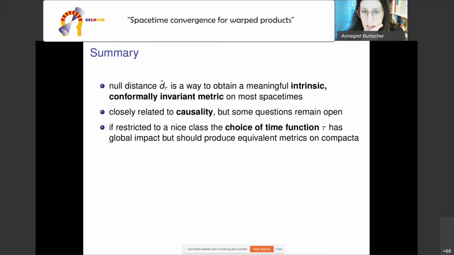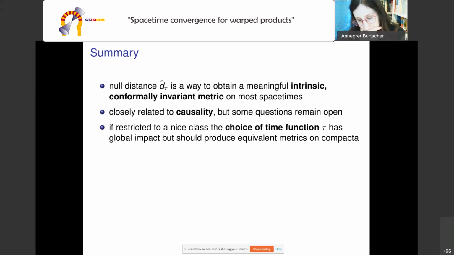And again, the role of the time function. What you can expect from the results that I presented, in a rather vague formulation, is that if you allow only a certain nice class of time functions, then you can of course expect that these null distances differ globally, but at least locally on compact sets they should be equivalent.